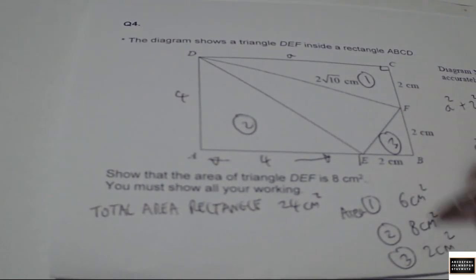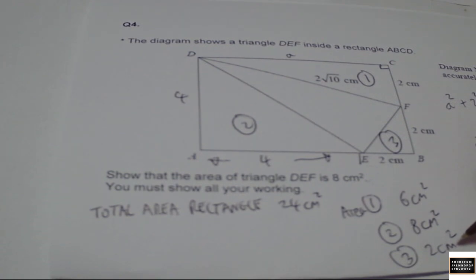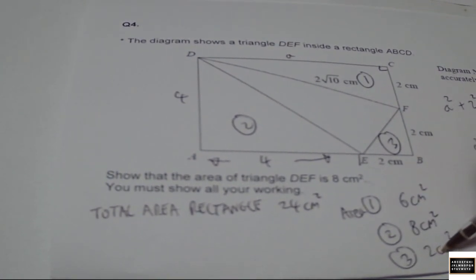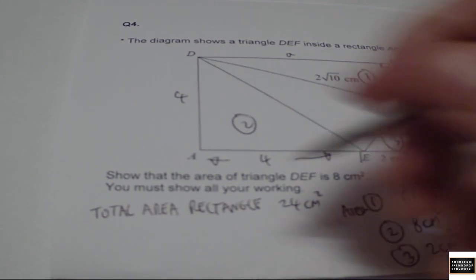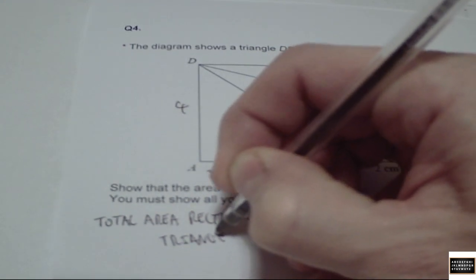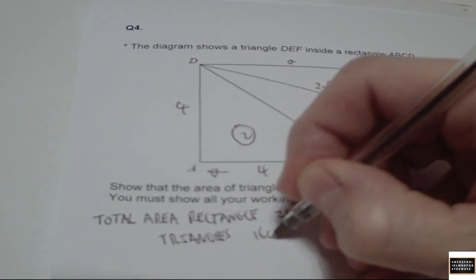Okay, so those are the 3 areas we've got. So area 1, area 2, area 3. Very straightforward so far. So we're going to add all those 3 things up. So 8 plus 6 is 14. 14 plus 2 is 16. So all the triangles add up to 16.